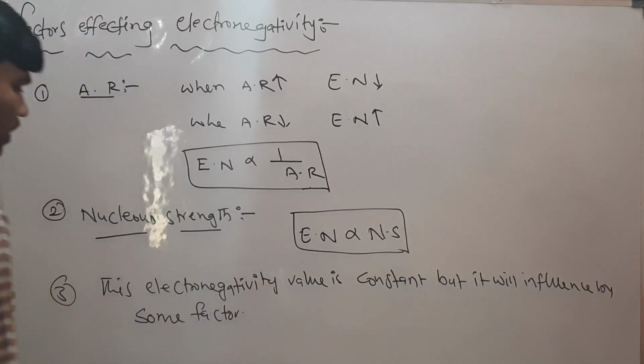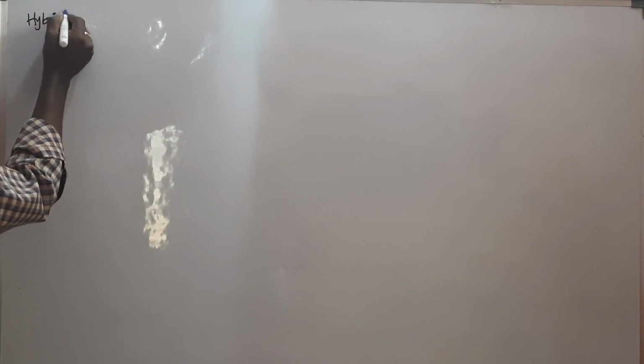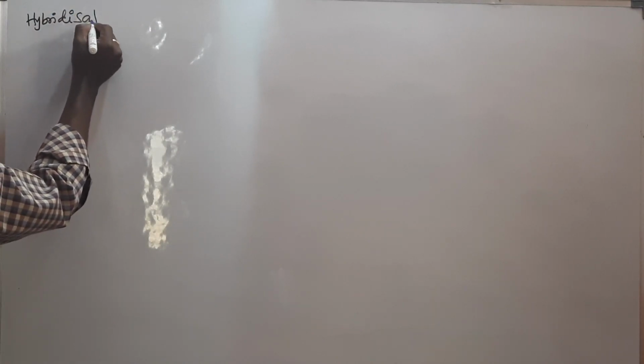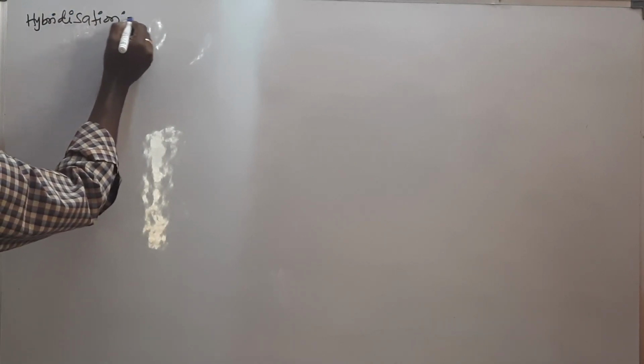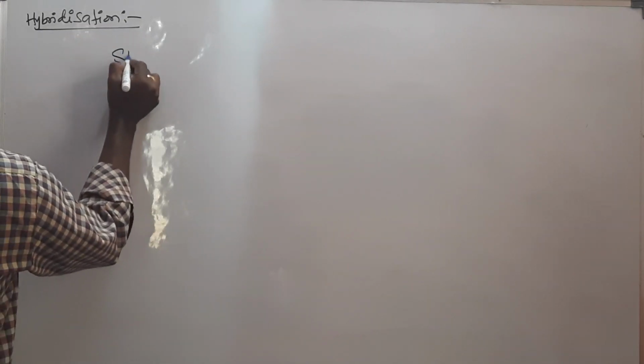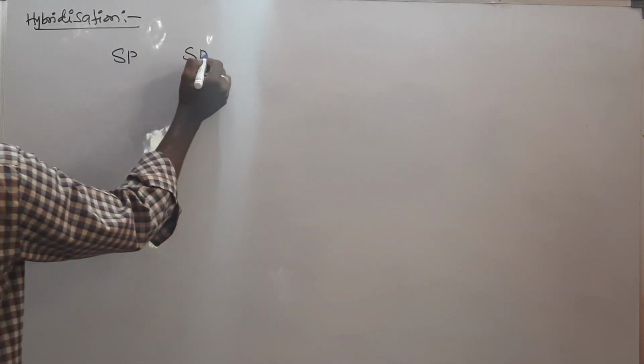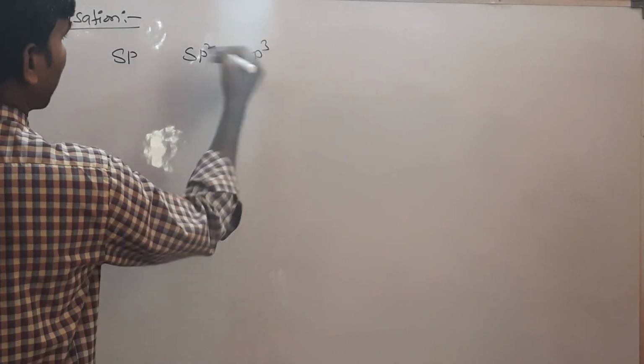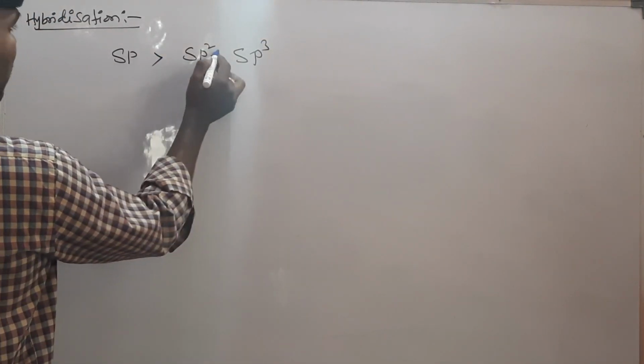In that, the first one is hybridization. How does hybridization influence electronegativity? Here you see sp hybridization, sp2 hybridization and sp3 hybridization I am taking. So the electronegativity order will be like this.